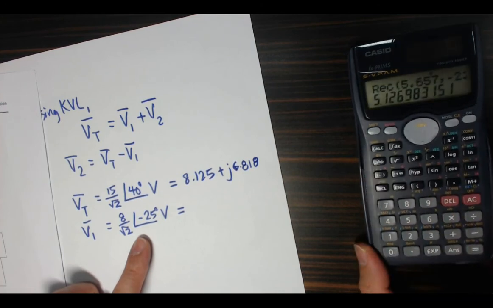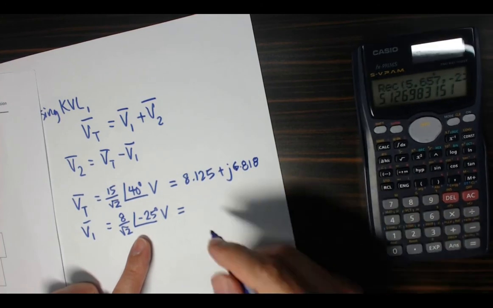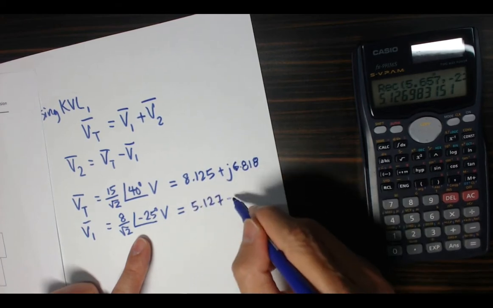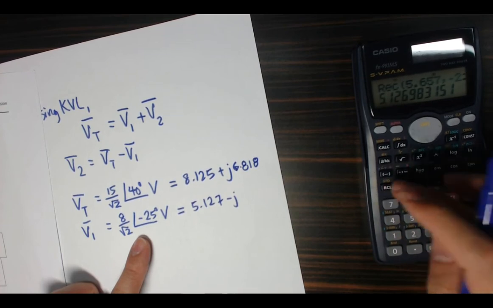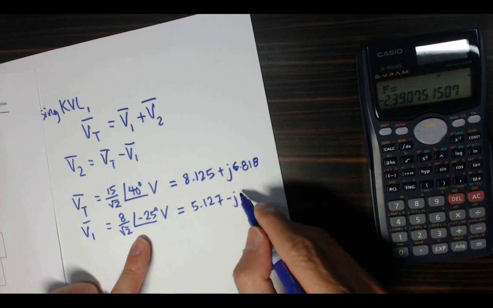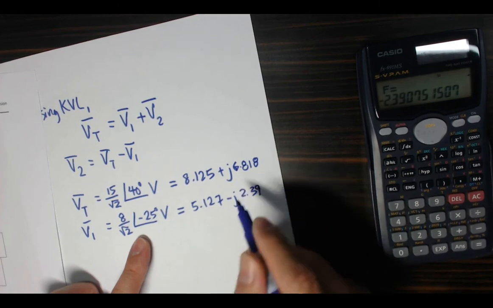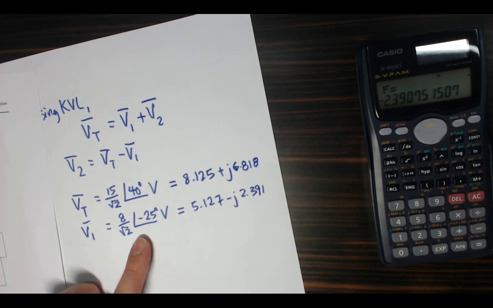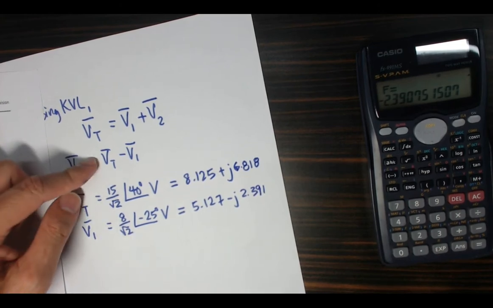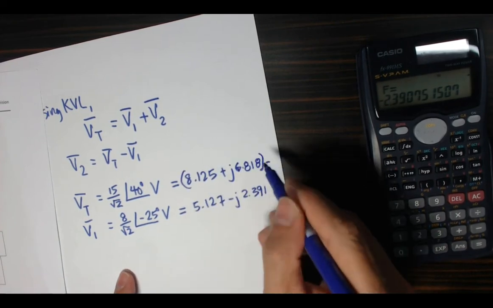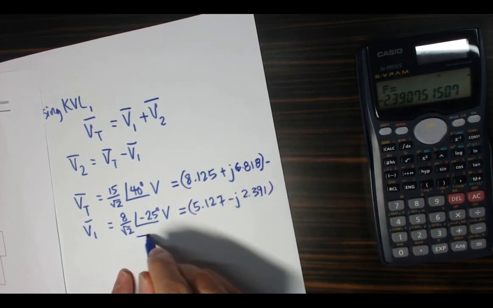That gives me 5.127 minus j2.391. Right? But we must remember this is minus. So this whole thing is subtracted from the other whole thing.